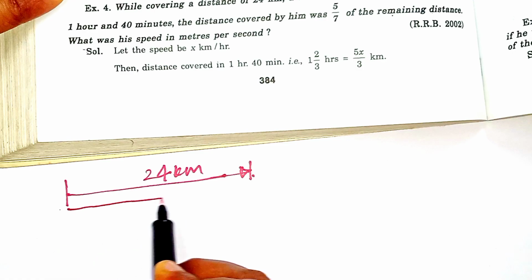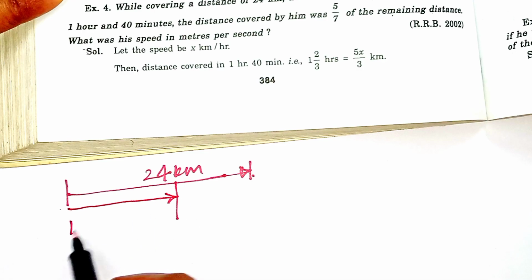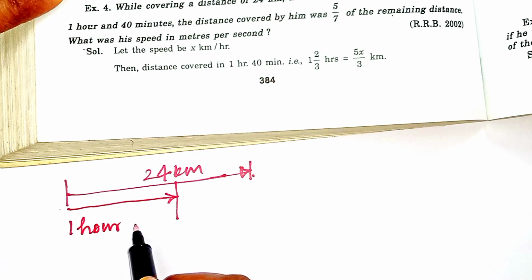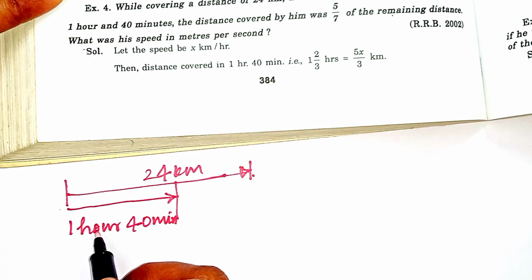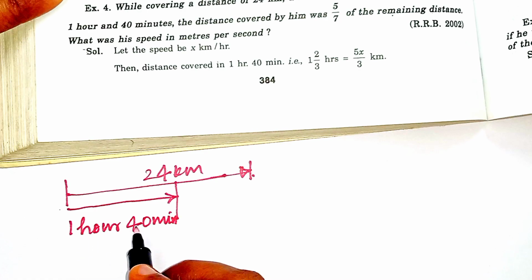He actually walked for 1 hour and 40 minutes, which should be 60 minutes and 40 minutes. 1 hour is equal to 60 minutes. So 60 plus 40, we would get 100 minutes.